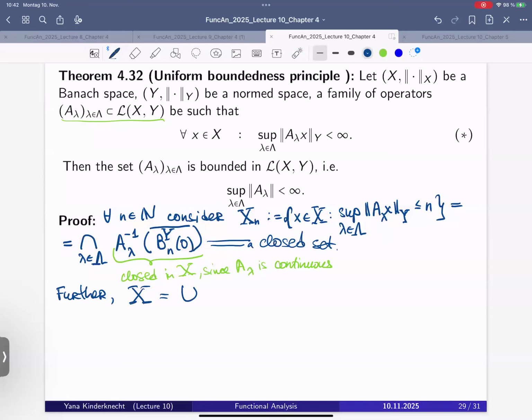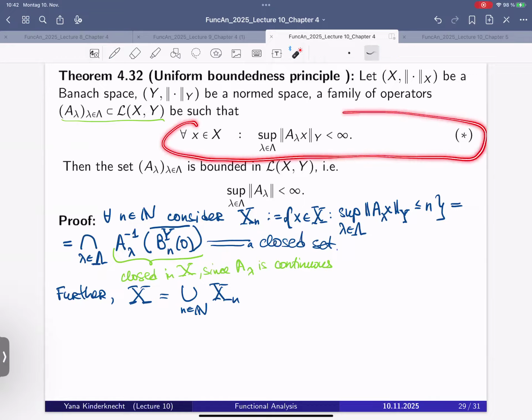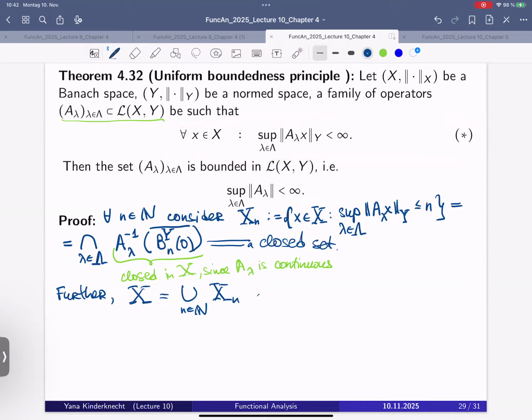X is a union over all natural numbers of such X_n's. Yes, because we have this. Let me mark it by this star. So due to this star, we have this representation.